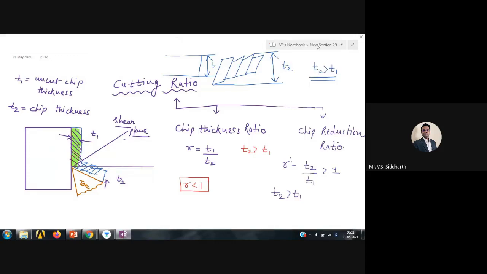Now, next, we will discuss some important definitions. The first definition is shear angle. Definition of shear angle. Can anyone tell me what is shear angle?